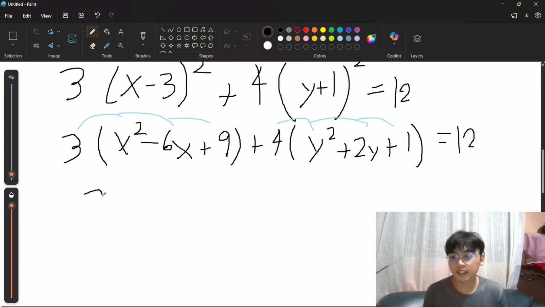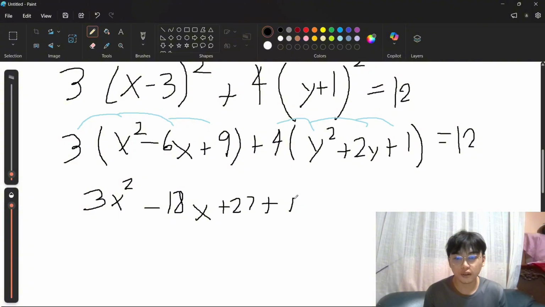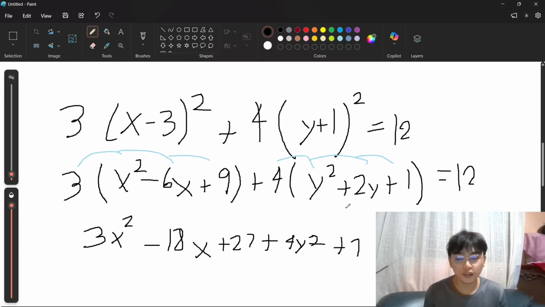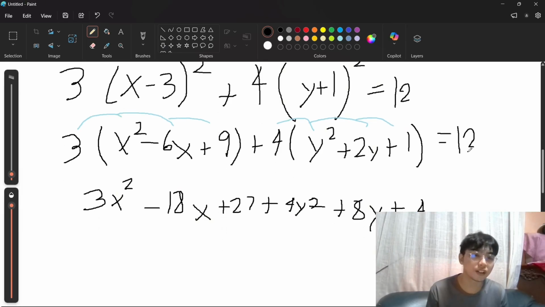So that would be 3x squared minus 18x plus 27 plus 4y squared, y squared plus 4y, that should be 8y plus 4, and let's move 12 to the left hand side, minus 12 is equals to 0.